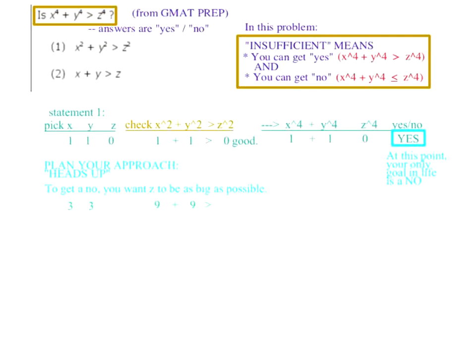Let's let z be 4, because that'll work. So 9 plus 9 is, in fact, greater than 16. Then x to the 4th is 9 squared, that's 81. Y to the 4th is also 81. And z to the 4th is 16 squared, which is 256. This is a no. 256 is bigger.